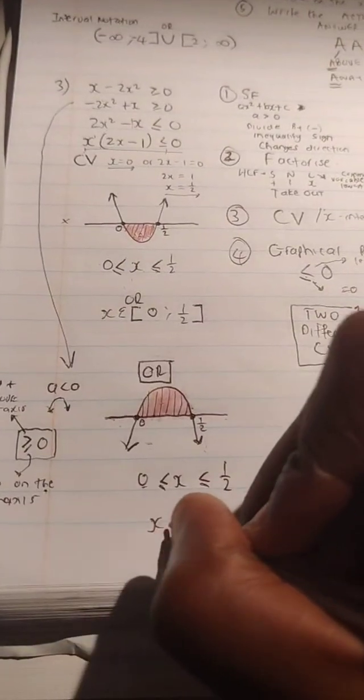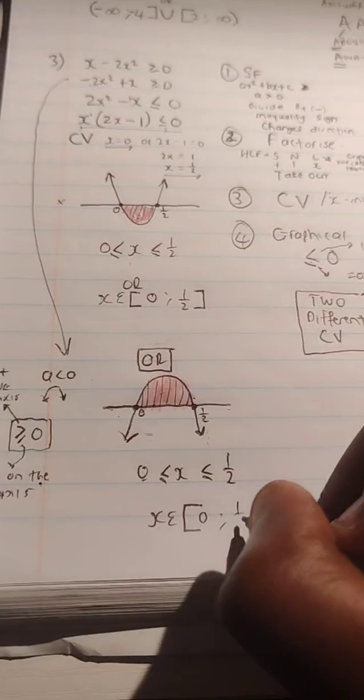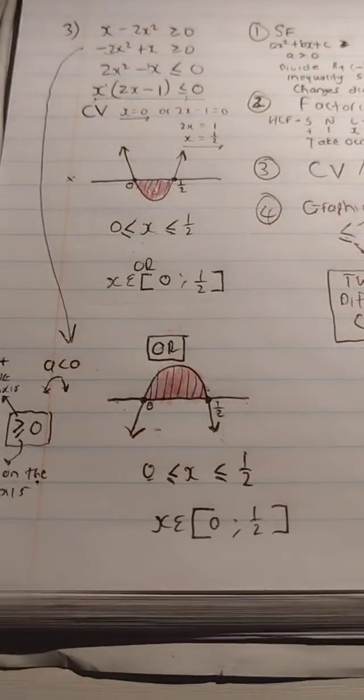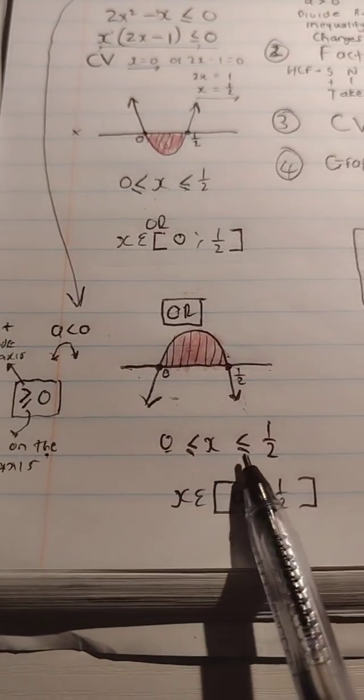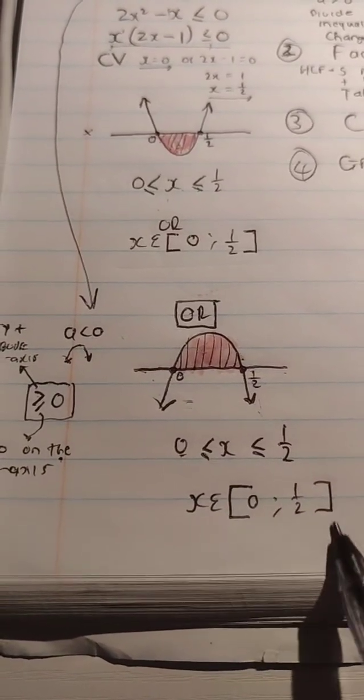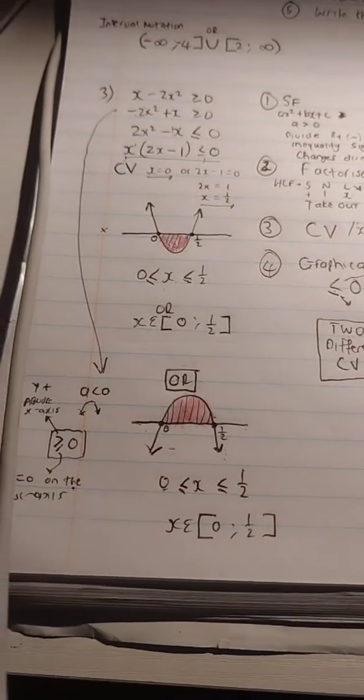You could still, if you chose to write the answer in interval notation, say 0 to half, and you put your square brackets, because 0 is included, the equal sign means that, half is included, the equal sign means that you use your square brackets, and that is how you go about it.